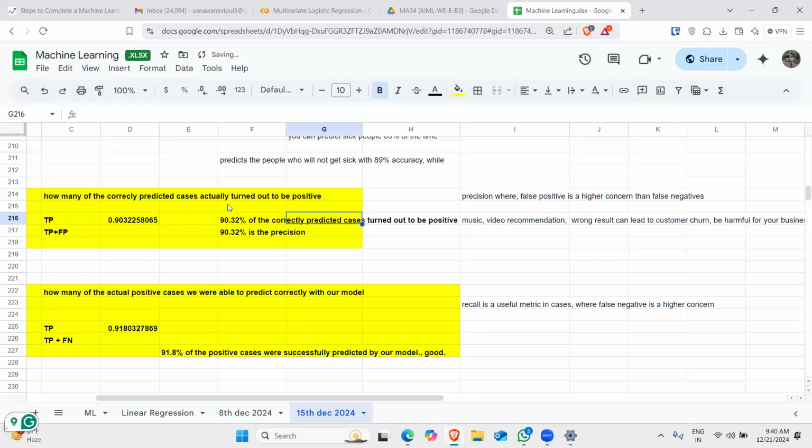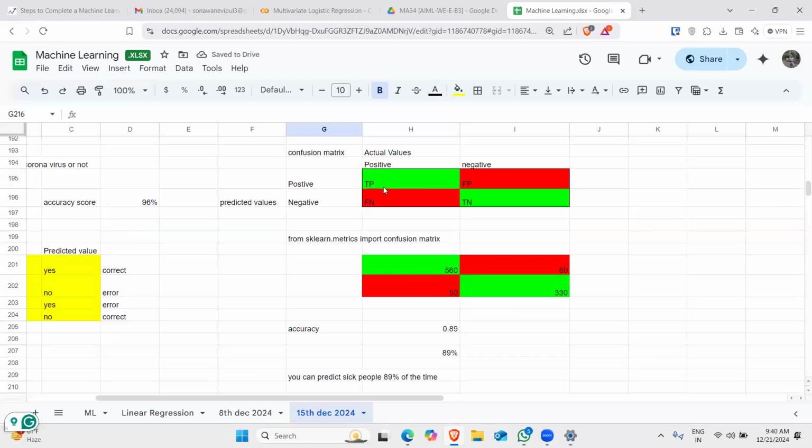So out of this positive predicted, how many are correctly predicted, precision will give you an idea about that. Even though this false positive is not correct prediction, we are not worried about that.